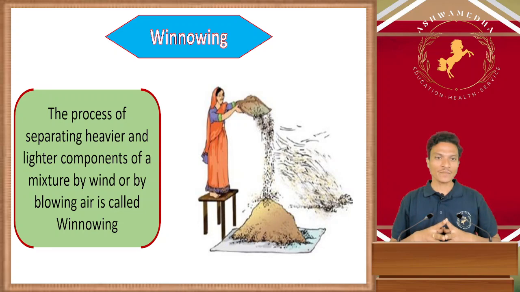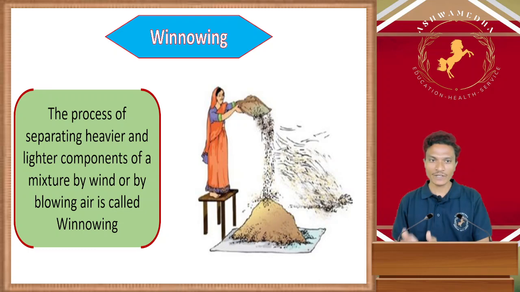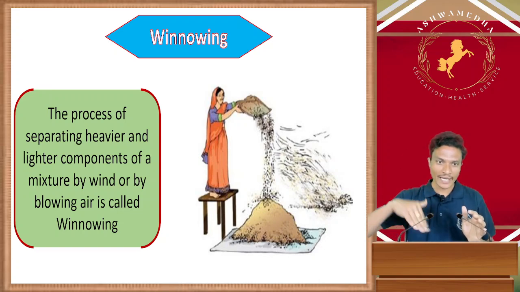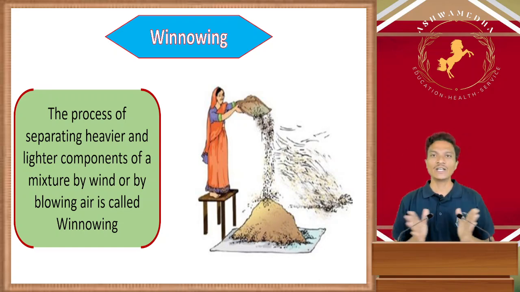The process of separating heavier and lighter components of a mixture by wind or by blowing air is called winnowing. Very simple. Dear students, I hope you have understood it completely.